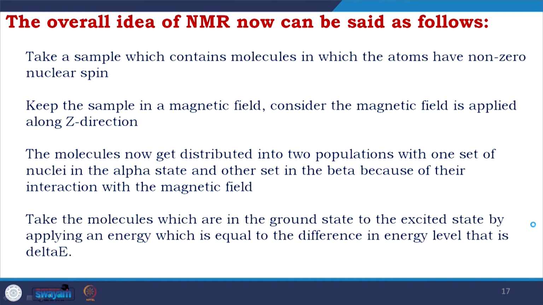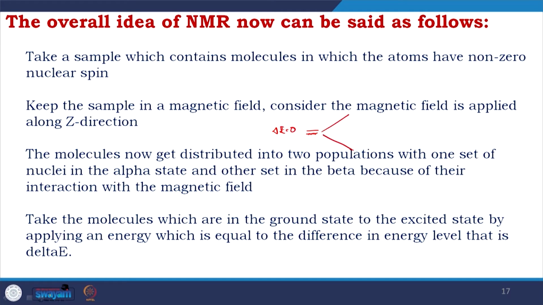Take the molecules which are in the ground state to the excited state by applying an energy which is equal to the difference in energy level, that is delta E. So, what happened? You have this one state and another state in the same energy, where delta E equals 0.